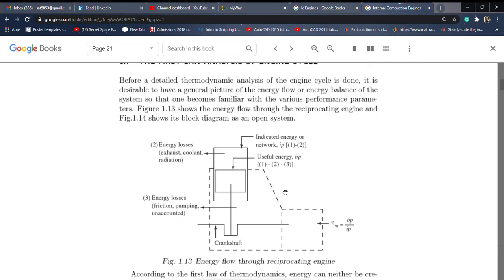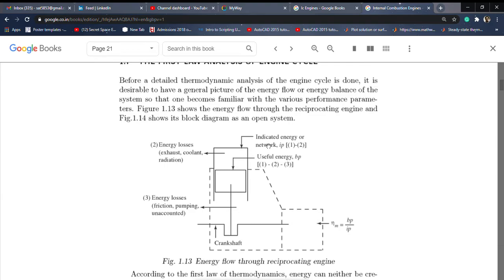We will explain this first. So here, this is the thermodynamic analysis of the engine cycle. You can see here this is an internal combustion engine. So indicated energy or net indicated power. You can see here indicated energy or net indicated power.